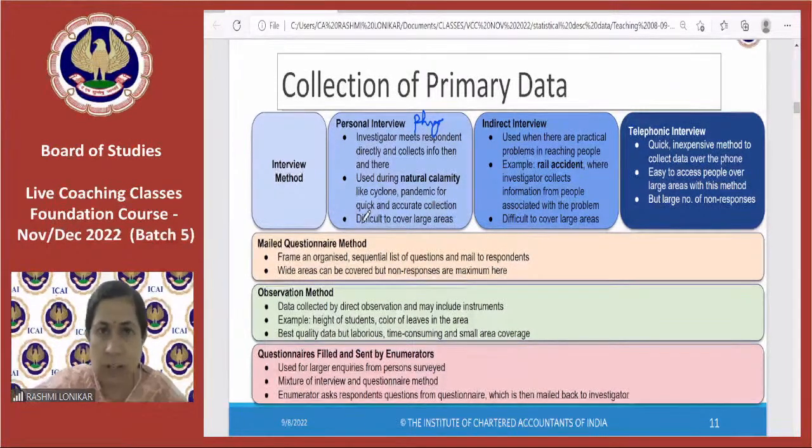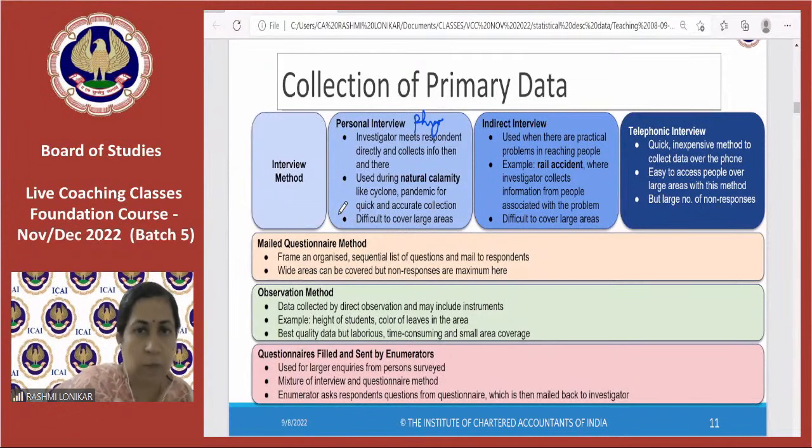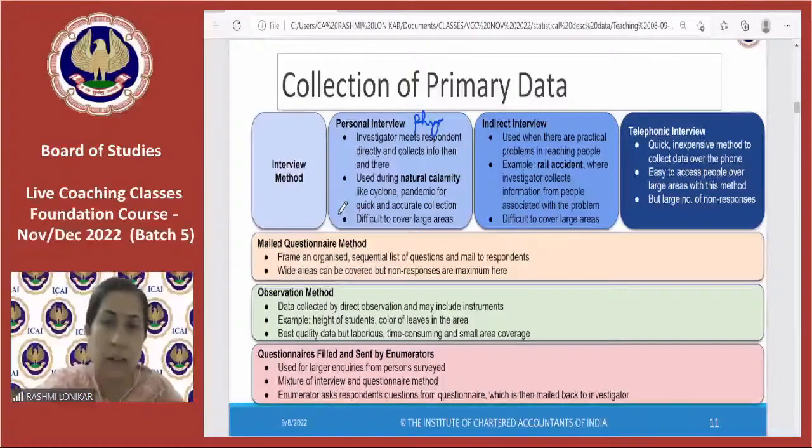The disadvantage is that it is very difficult to cover large areas. Suppose there is a flood, I can go to one place at one time and get my interviews, especially journalists. You have seen that whenever such a thing happens, the journalists are there, taking personal interviews and giving you updates on the situation there.